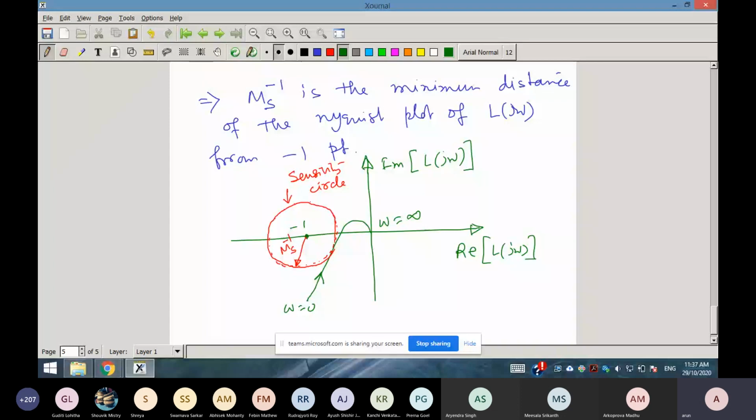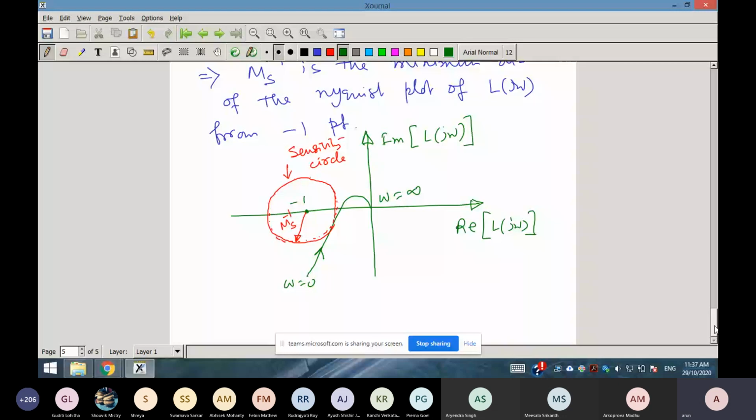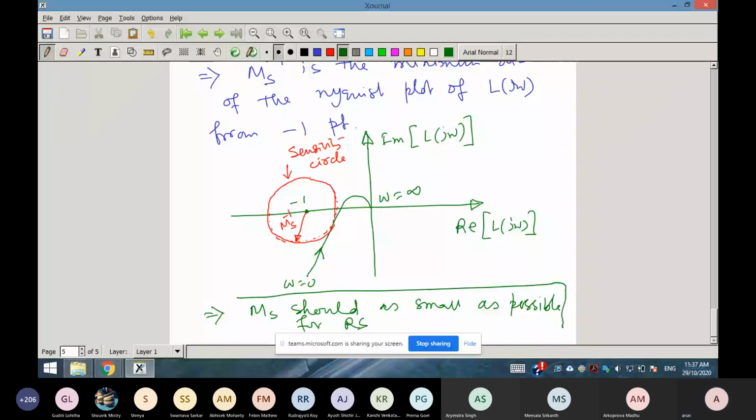So this implies Ms inverse should be as large as possible. That means Ms should be as small as possible for robust stability. So this is a very important piece of information as far as loop robustness is concerned.